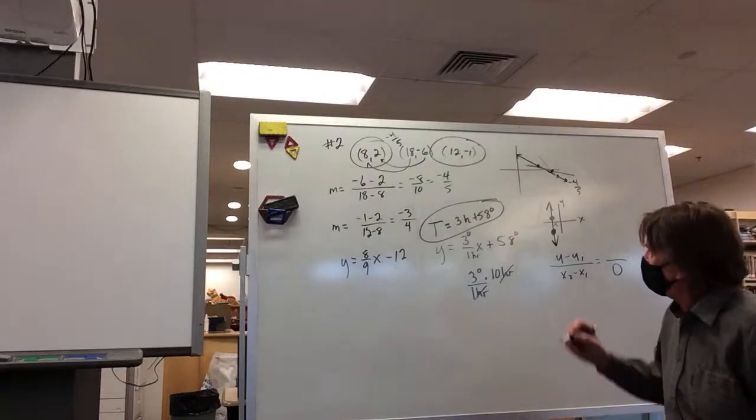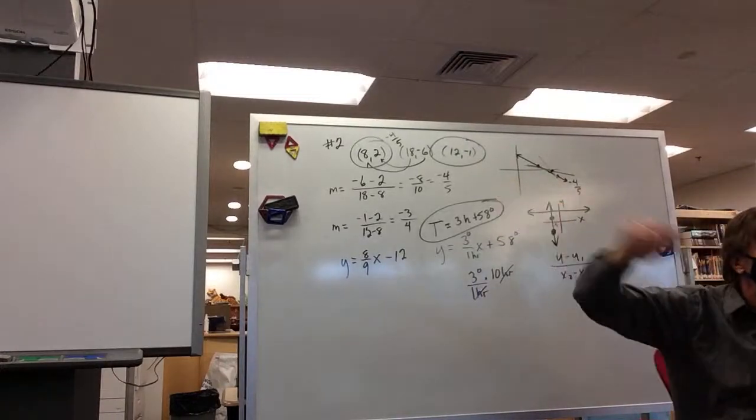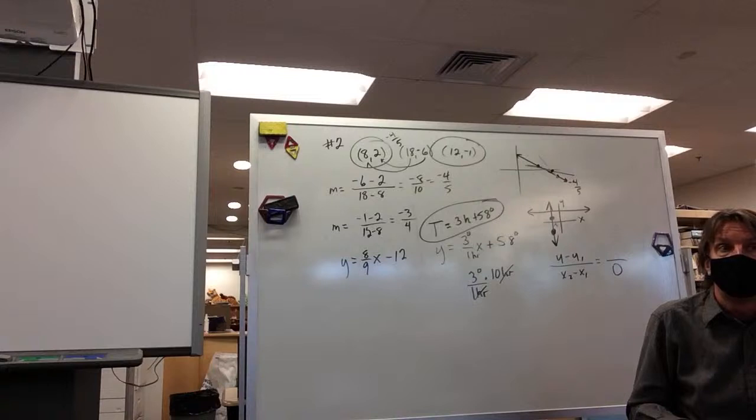What if you were going to describe the slope of a horizontal line? What would that always be? Not undefined, but it's always the same.